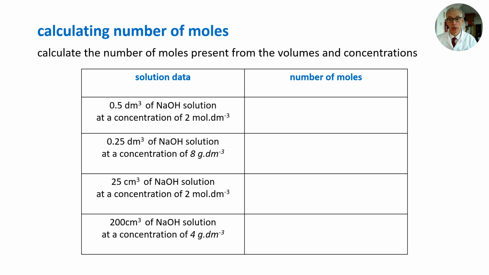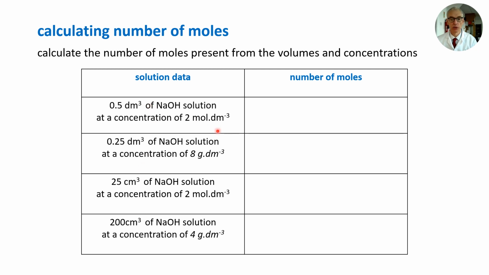So let's have a go at calculating the number of moles given some volumes and concentrations. So 0.5 decimeters cubed at a concentration of 2 moles per decimeter cubed. So we've got a volume and a concentration.